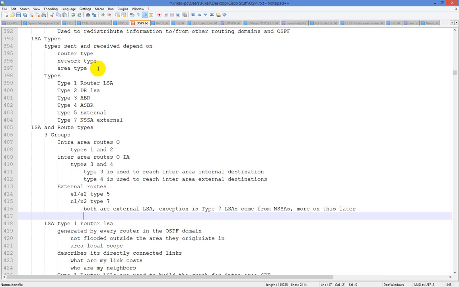Type 4 LSAs are ASBR. Type 4 LSAs are going to indicate to you that a route has been redistributed in, and you need to recurse to that. Type 4 is for inter-area external destinations, which means that if you're trying to reach something that's outside of your area, and it's external to you, so it's not an OSPF route that's being redistributed to you.